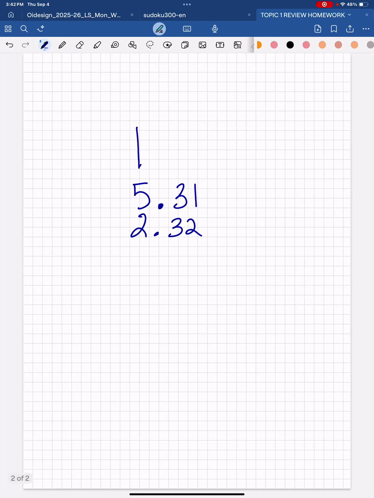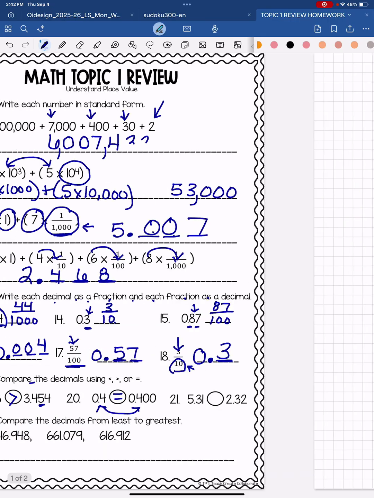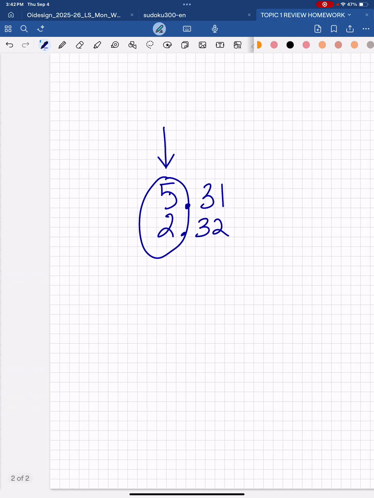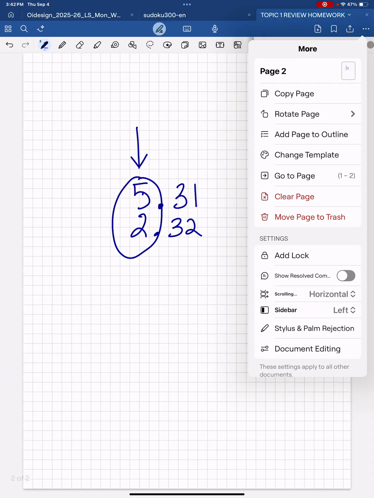So you start on the left and you go until you find numbers that are different. And right here in the ones, the first set are different. Is 5 greater than, equal to, or less than 2? If you said greater than, you are correct.